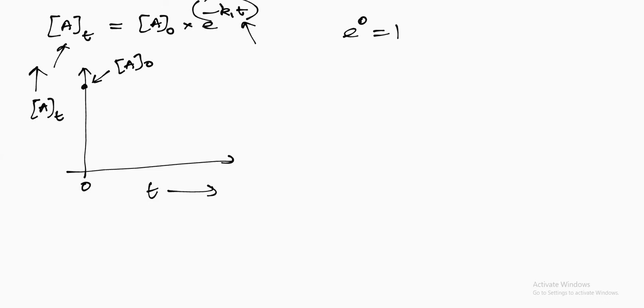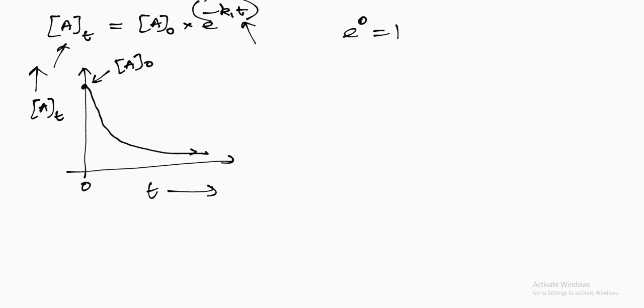Whereas for first order, concentration decreases exponentially like this. Note down, students. Very important. If you have a straight line, you can calculate the rate constant from the straight line. But whenever you get an exponential curve, you cannot find the rate constant directly from this.